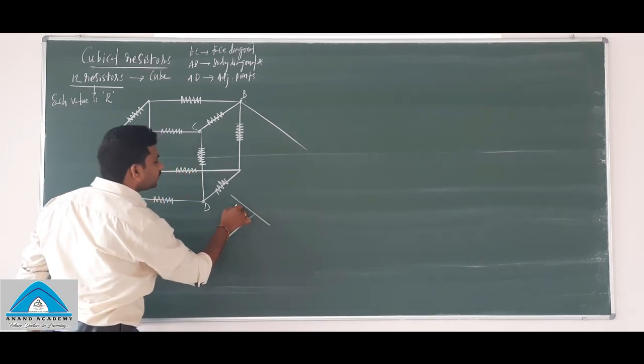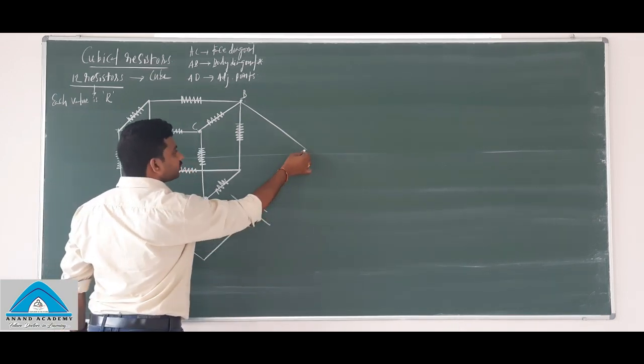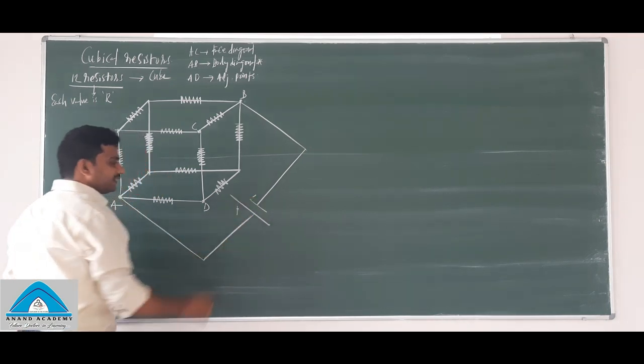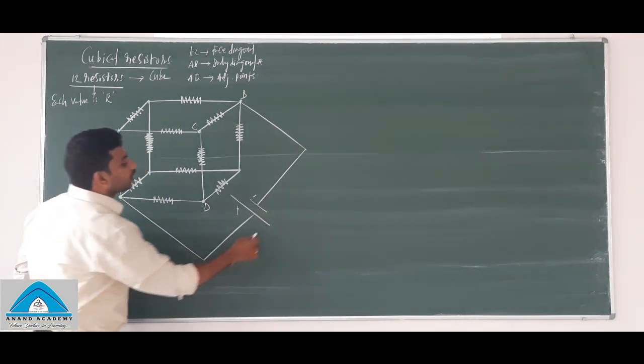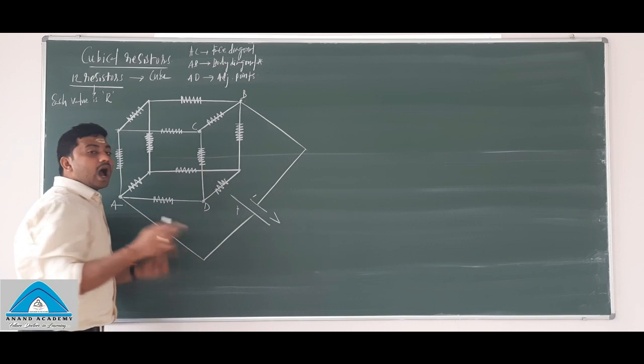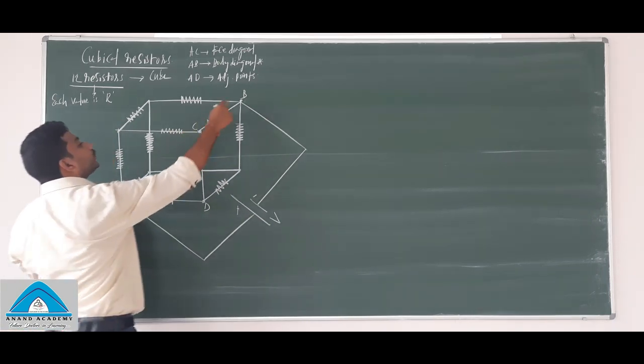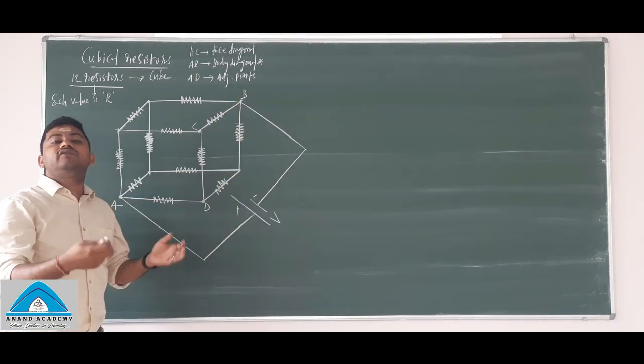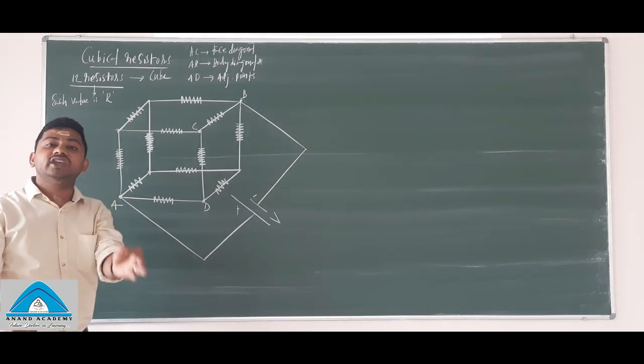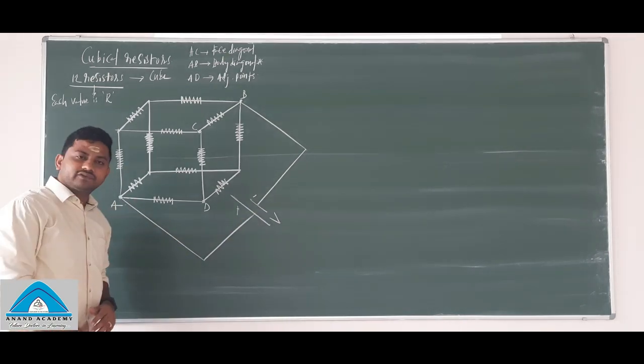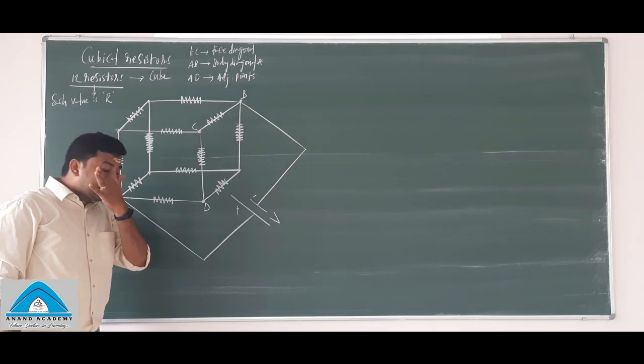There is a positive terminal here and a negative terminal here. Understand? The potential of the battery is V. The potential difference between these 2 points is V, called VAB, which is equal to VA minus VB. Clear?